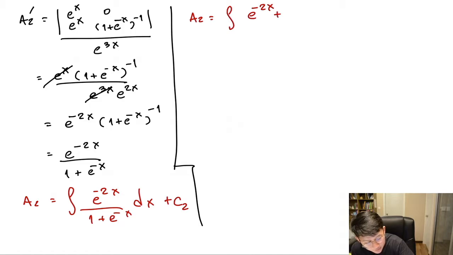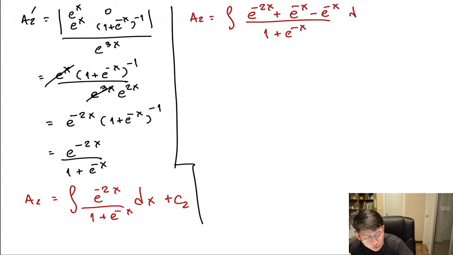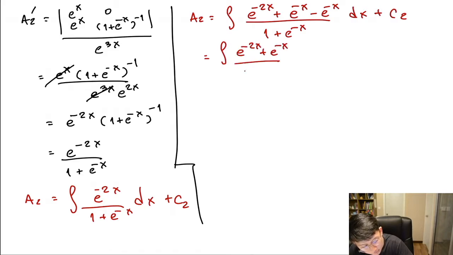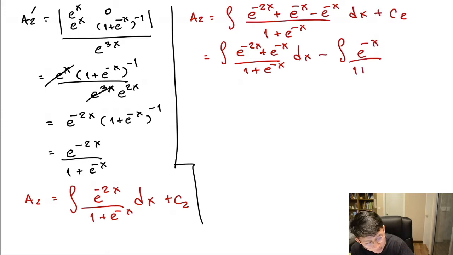So we write the integral of e to the minus 2x plus e to the minus x, minus e to the minus x, divided by 1 plus e to the minus x, dx plus c2. In that case I have the integral of e to the minus 2x plus e to the minus x divided by 1 plus e to the minus x dx, minus the integral of e to the minus x divided by 1 plus e to the minus x dx plus c2.